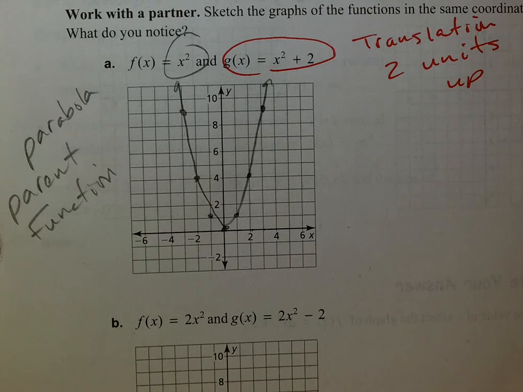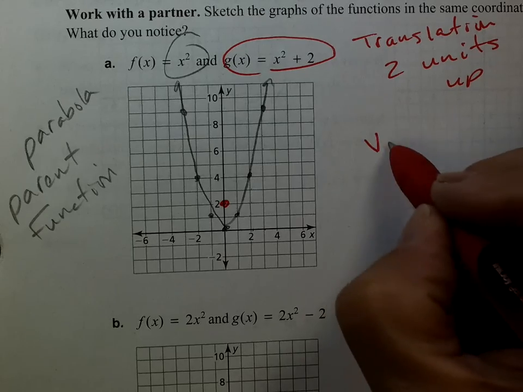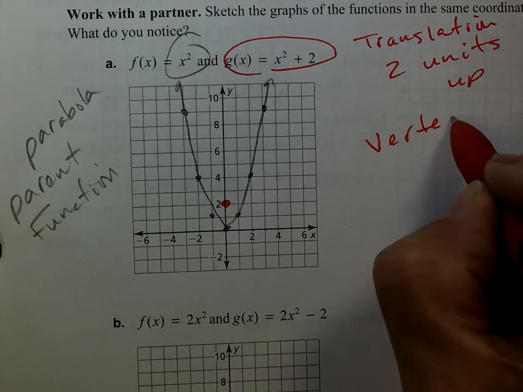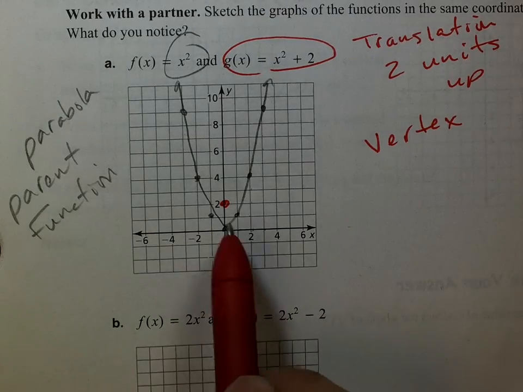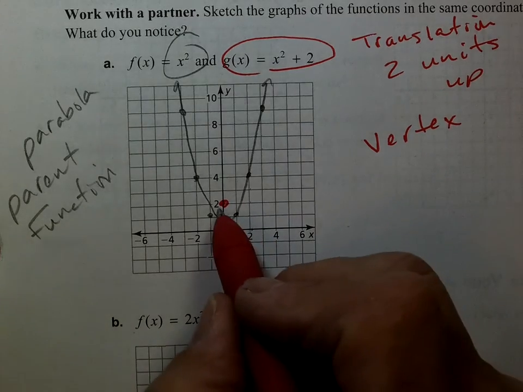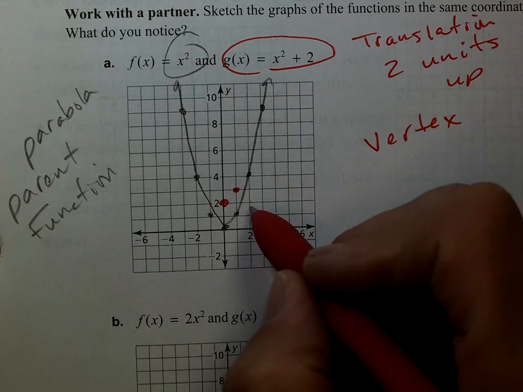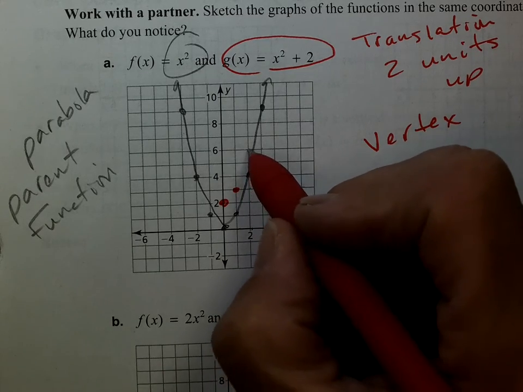So I know its vertex is right there. Okay? So it has a vertex. And the vertex is here because we're going to take this graph and just move it up 2. So from my vertex, let's do the same thing. From the vertex, we'll still do a 1, 1. We'll go over 2, and 2 squared is 1, 2, 3, 4.